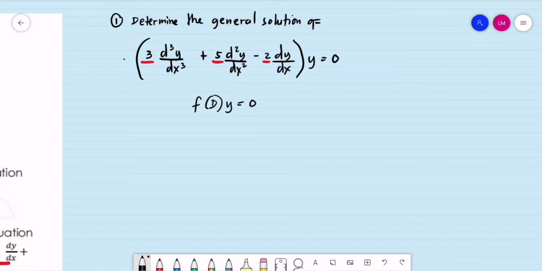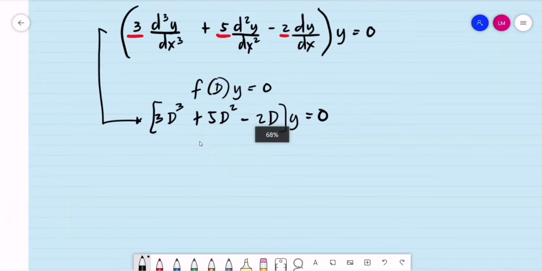So we are rewriting this expression. 3 times d cubed y over dx cubed, the third derivative, so 3 times the differential operator D cubed, plus 5 d squared y over dx squared, the second derivative, so 5D squared, minus 2 dy over dx, the first derivative, 2 times D, multiplied by y equal to 0.